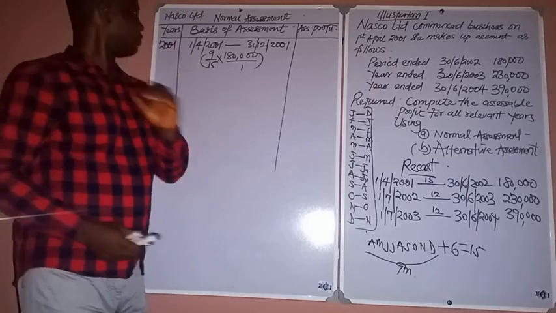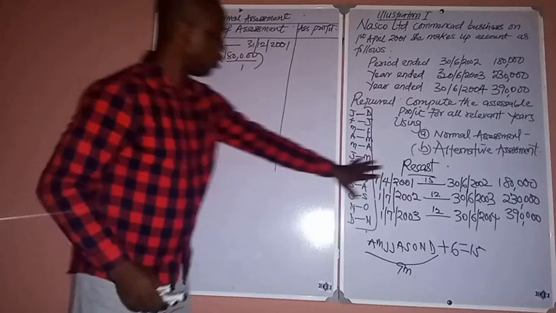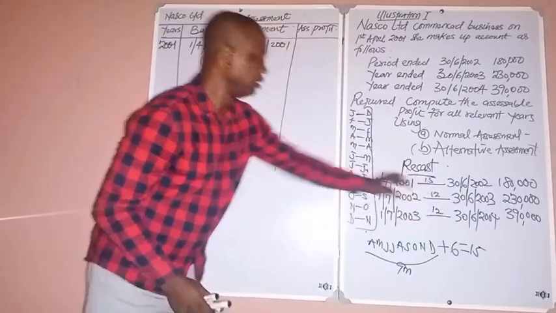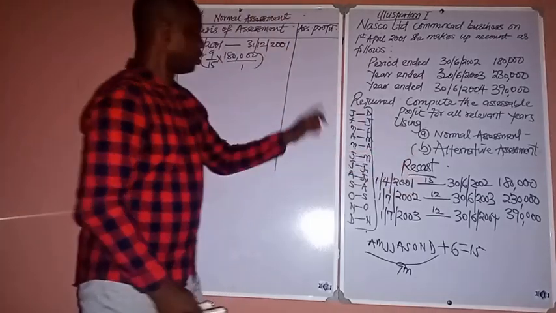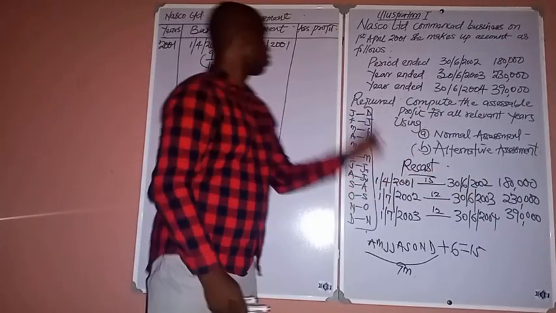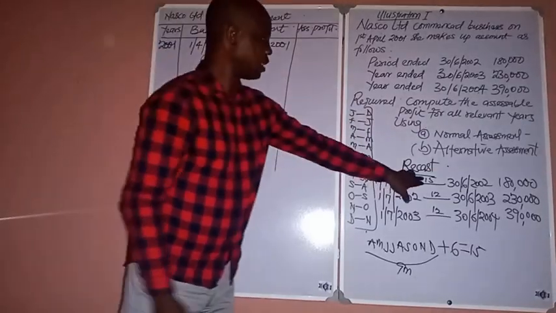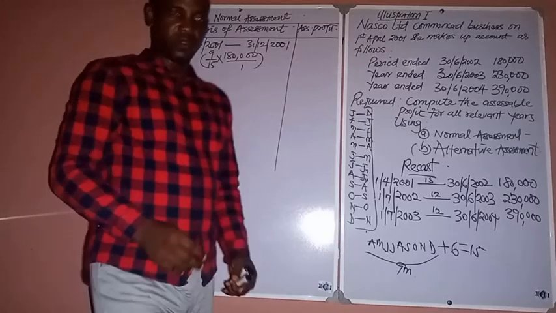It's not like magic. Calculate the number of months here. Check where this period falls inside the question paper. Then take the proportion. It falls under these 15 months. Because this 1/4/2001 to 30/6/2002 is covered by this date. So that's why we're taking 15 months. Now, we have 9 over 15 times 180 over 1.